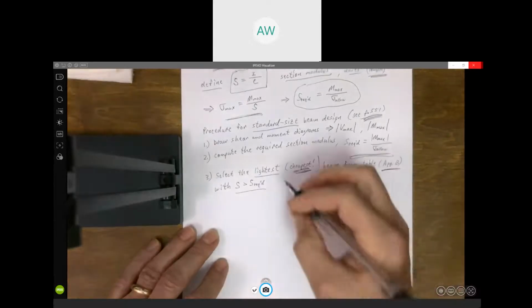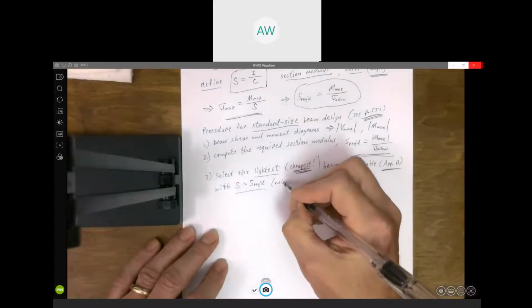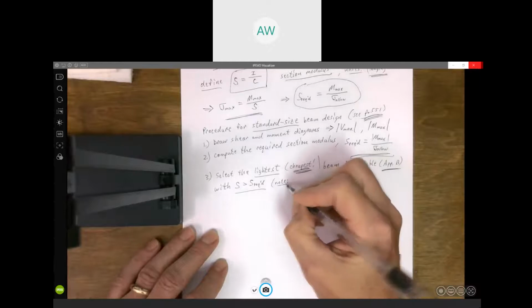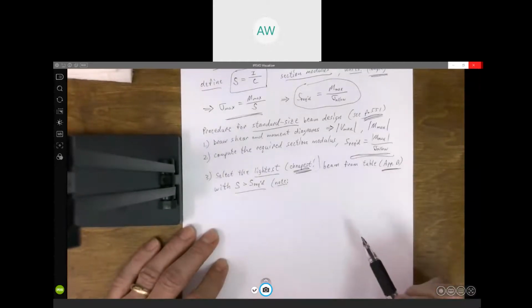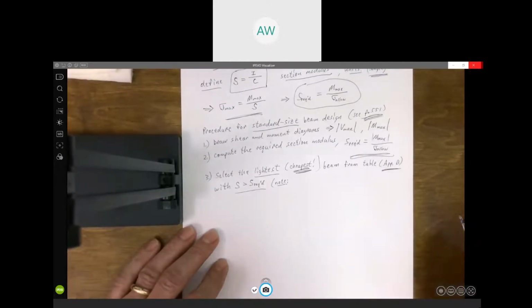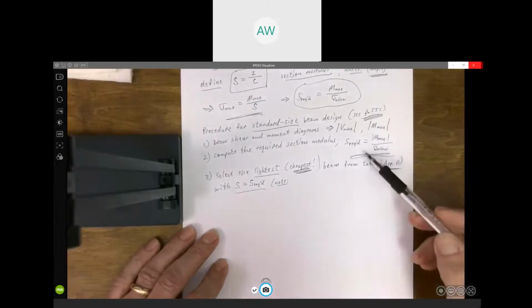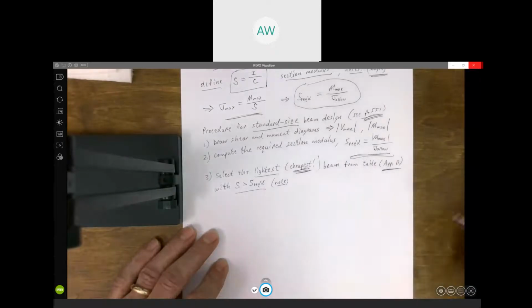One note, very important to remember: the beam with the section modulus closest to the required is not always the lightest. So you can't just go to that table and say, I want the S as close to the required as I can get. That might not be the lightest one. We'll go through that process in a minute.